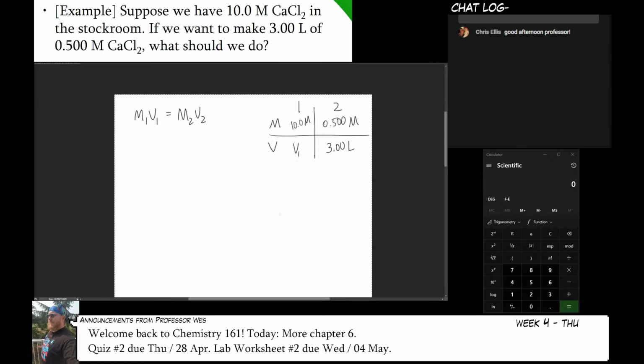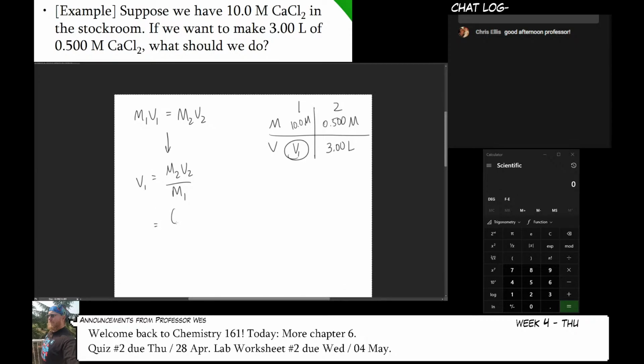I don't know how much I need to use, because the equation needs to be solved. So I'm just going to write the variable there. And now I know that this is what I need to solve for in my equation. So we'll solve the equation for V1. And so we'll plug in the numbers now.